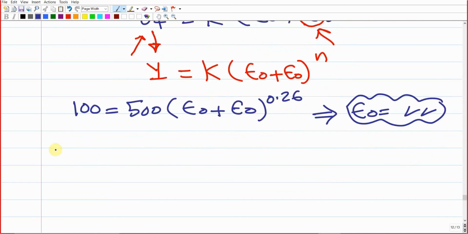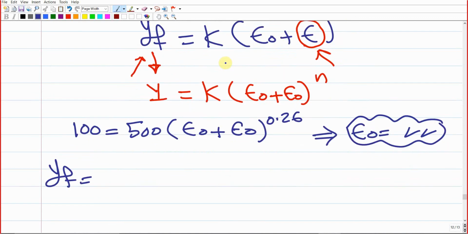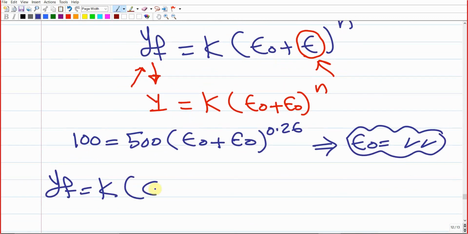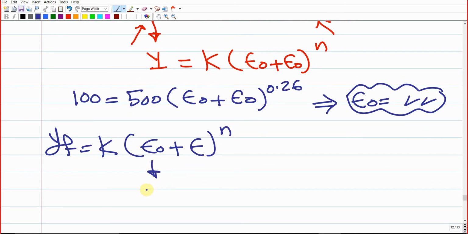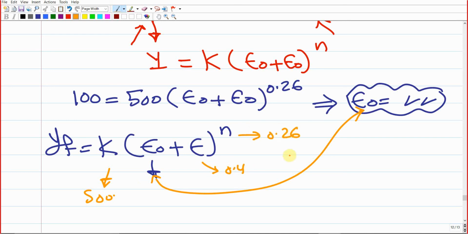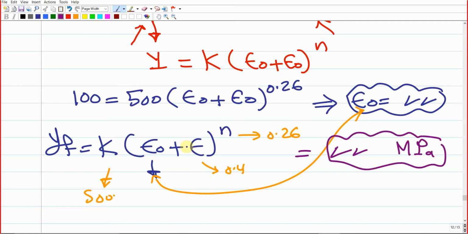If we calculate the flow stress using this formula, which is K times epsilon 0 plus epsilon, power to N. Epsilon 0, this value, is not going to change. You already got it here, plug it here. K is 500, this epsilon is 0.4, N is 0.26. You can calculate the value of this flow stress in megapascal.